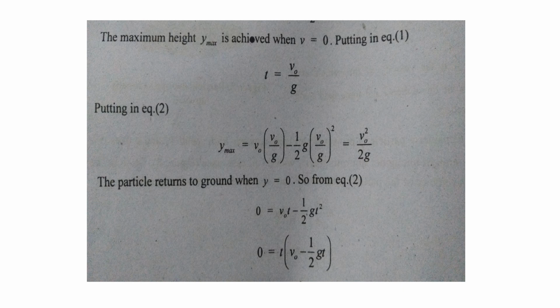So 1 by 2 v naught square over g is left, so we get v naught square over 2g. That is the maximum displacement covered by the object in the vertical direction.